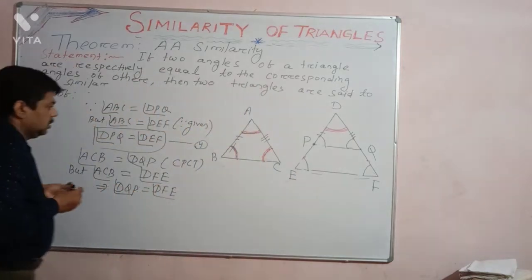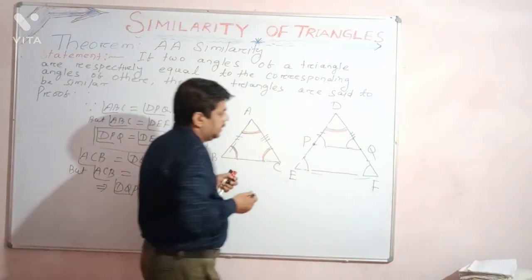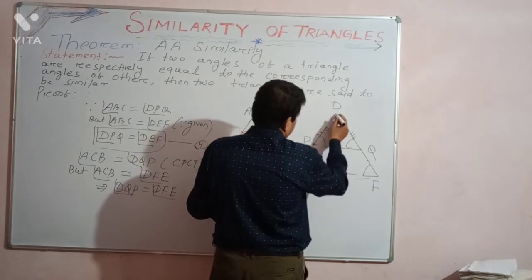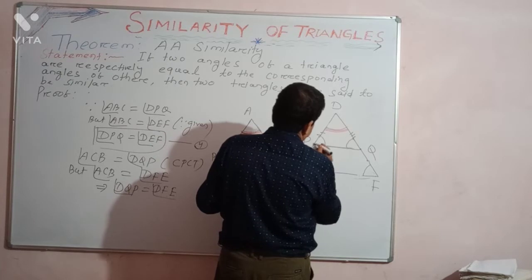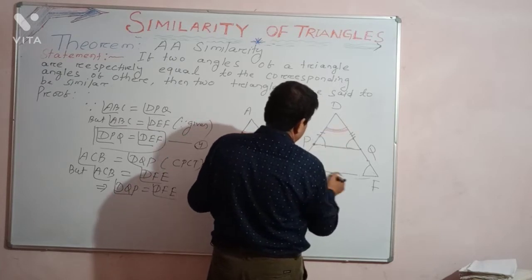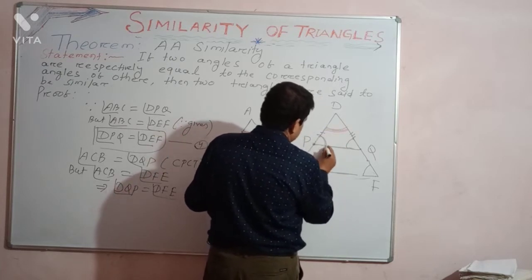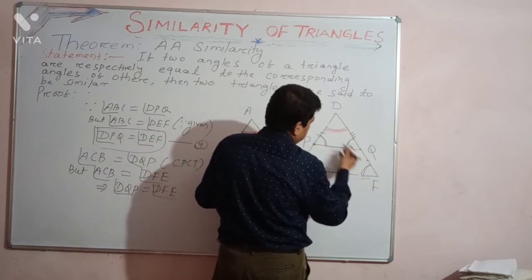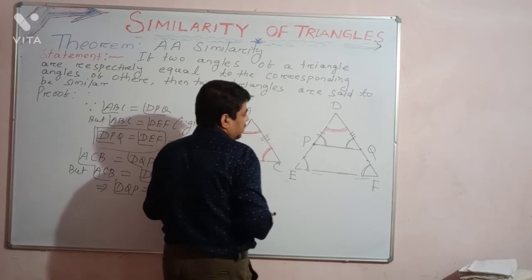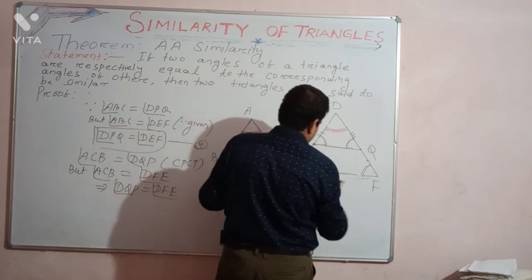So what are you finding? In triangle DEF, angle DPQ is equal to angle DEF. It means this angle is equal to this angle, and this angle is equal to this angle, but these are the corresponding angles. So PQ must be parallel to EF.